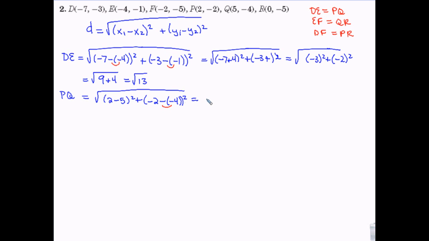So it's positive. So I'm going to have -3 squared plus -2 plus 4 is 2. So I have 9 plus 4, which is the square root of 13. So these sides do match. Questions so far? Yeah.